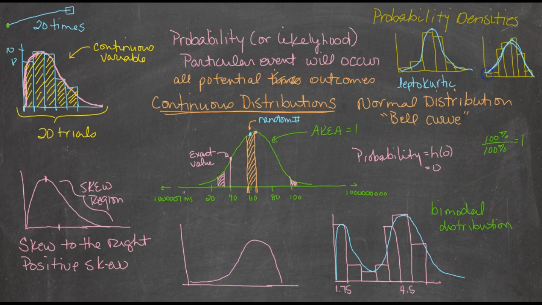So you get a lot of width. And that width, that shape for a normal distribution is called platykurtic. Okay, there you go. Anything you ever wanted to know about normal distributions?